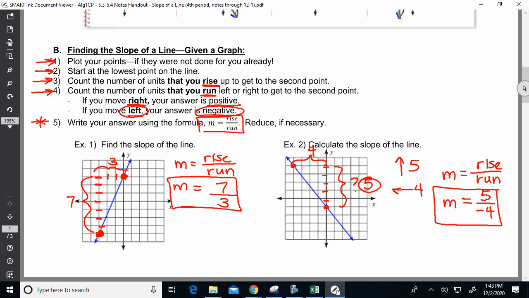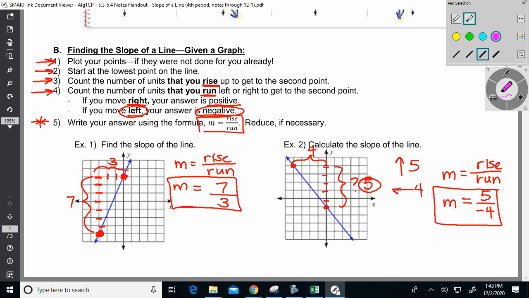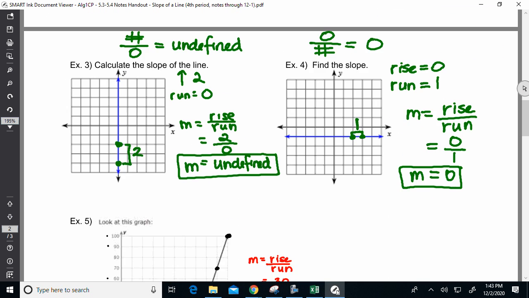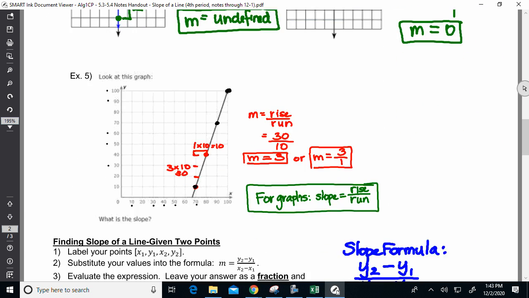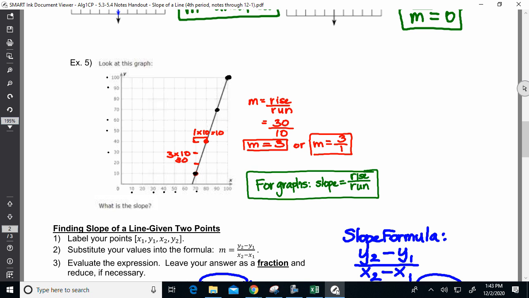After that, we learned two ways to find the slope. One of the ways is using rise over run, but we use rise over run for graphs. So we did 5 examples of graphs yesterday.